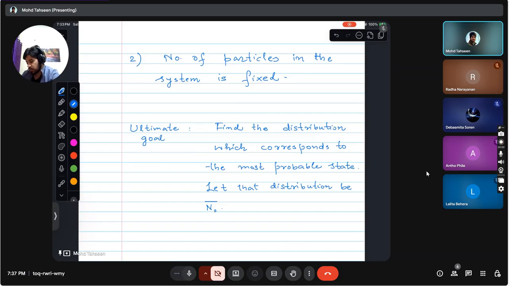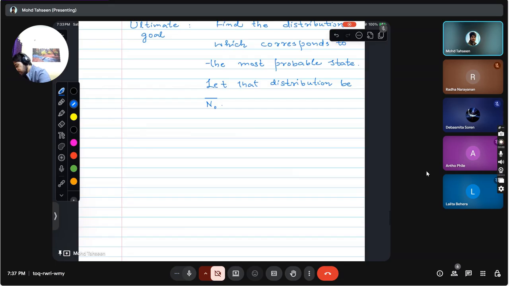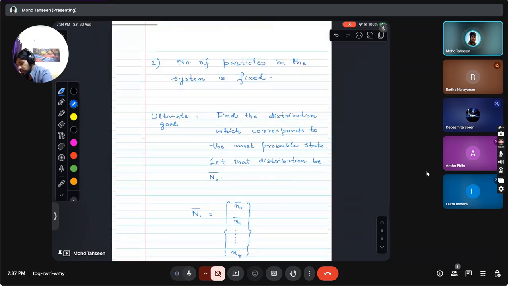This bar represents that it's a vector quantity, because n naught will be n0 bar, n1 bar, and so on up to nr bar.